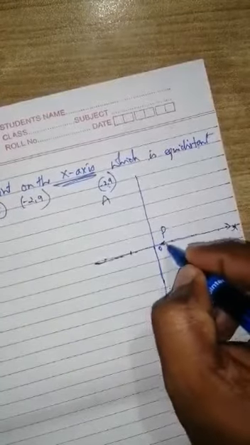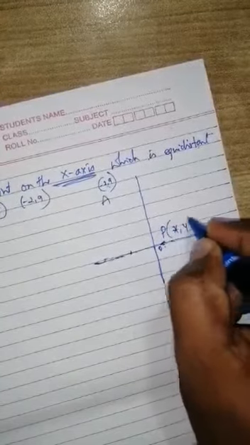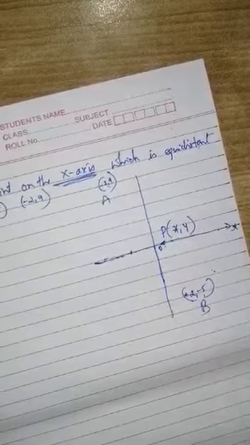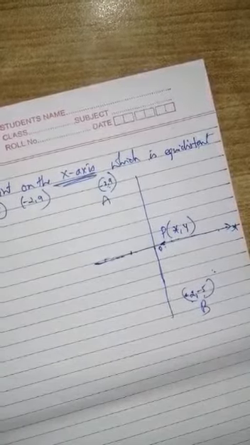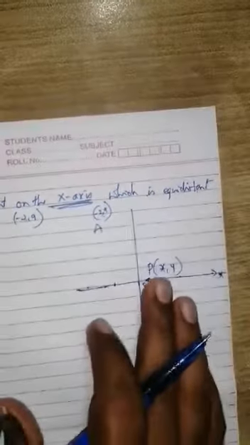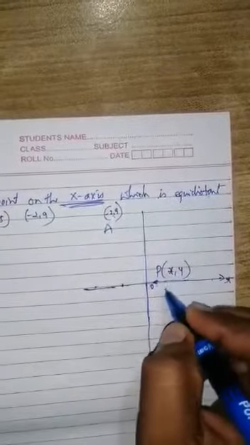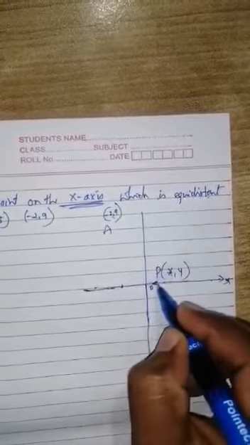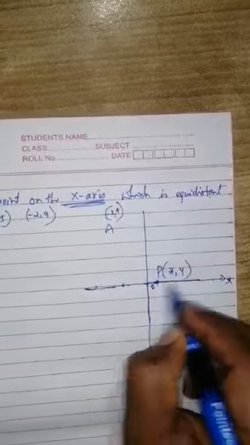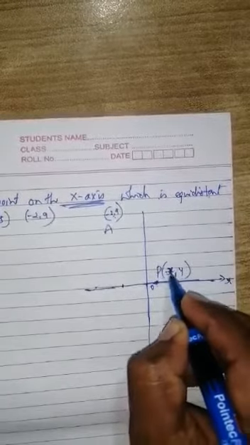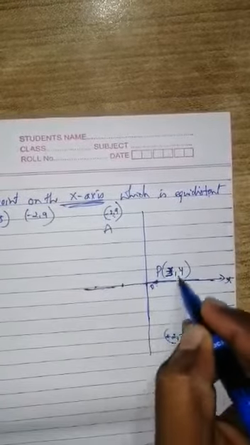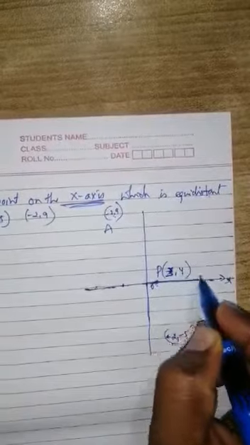Now some point on the x-axis we will consider as P, and we'll consider it as (x, y). Now one more thing we have to observe here: the point is on the x-axis. So the x coordinate you will get a value, that is x only. But do you get a y coordinate?